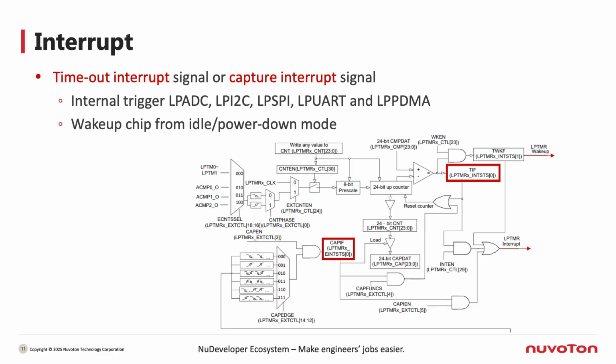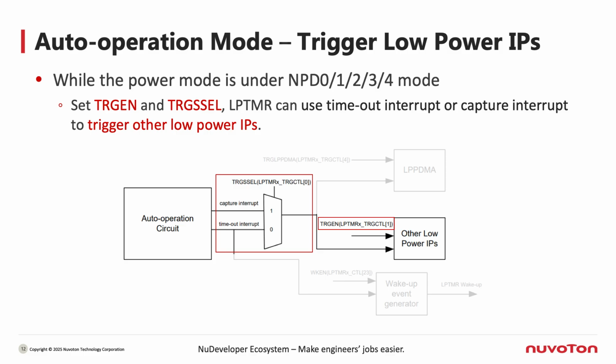The low-power timer provides 2 types of interrupts: timeout and capture. These interrupts can be used to internally trigger other low-power peripherals or to wake up the MCU from idle or power-down modes, enabling efficient low-power operation. The auto operation mode can be used under normal power-down levels 0 through 4.